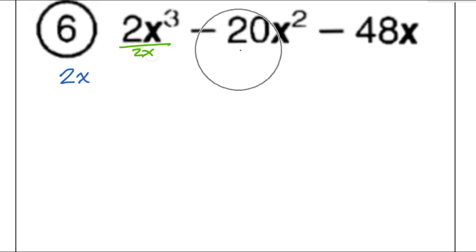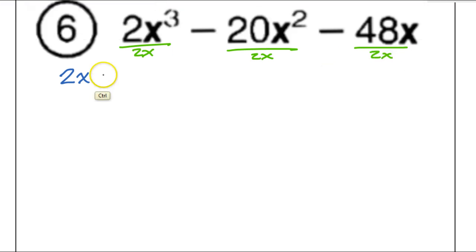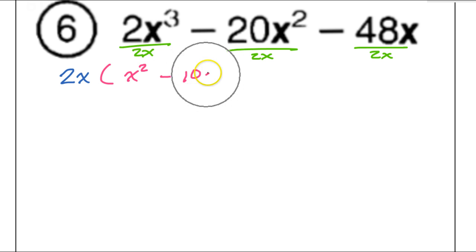So I'm going to divide everything by 2x to see what goes inside the parentheses. So that's going to leave me with x squared minus 10x minus 24. Okay, so just don't forget, in the end, this GCF should be in the front of your answer.